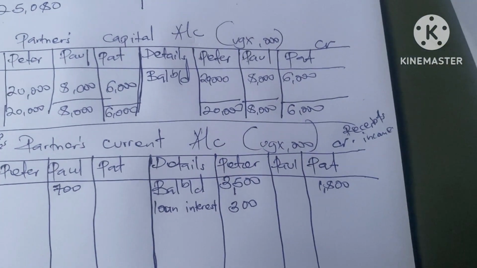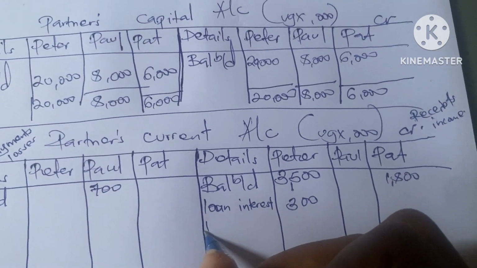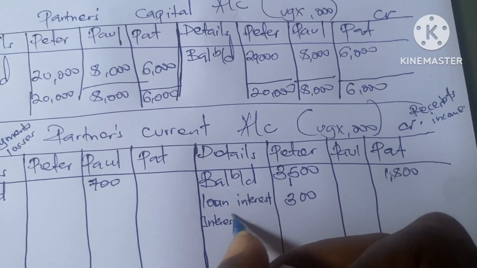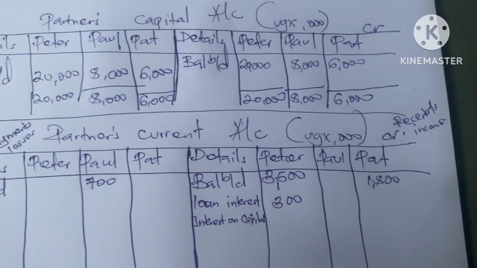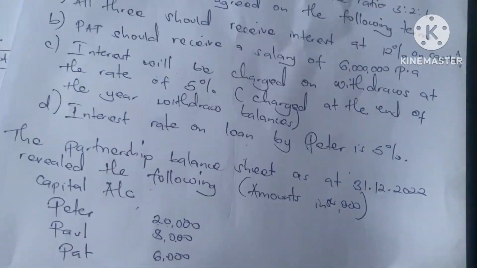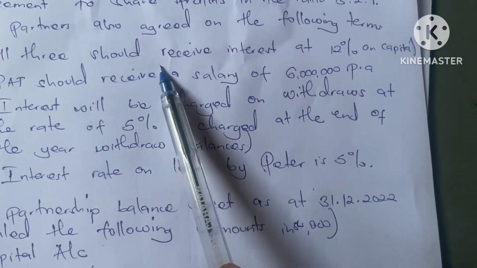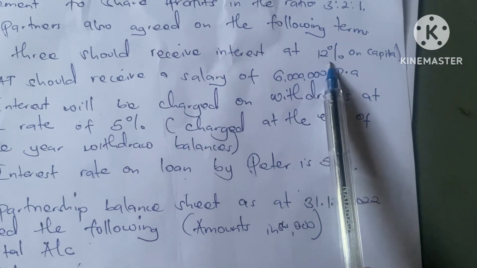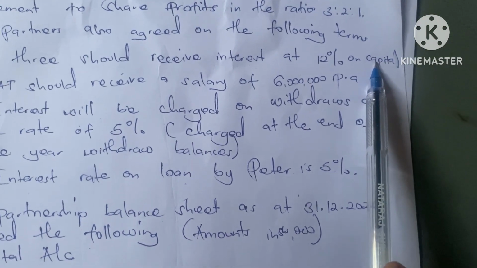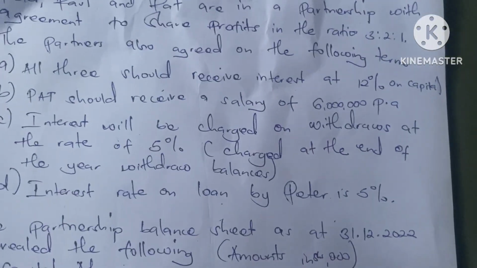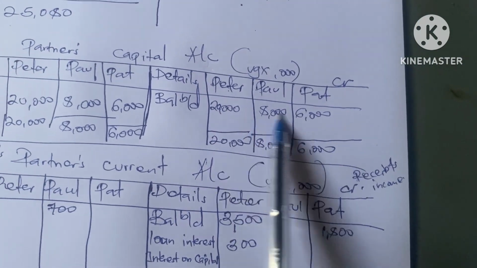Then according to the formatting, we also put interest on capital. According to the question, they have told us all three should receive interest at 12% on capital, and the capital we are talking about is this.